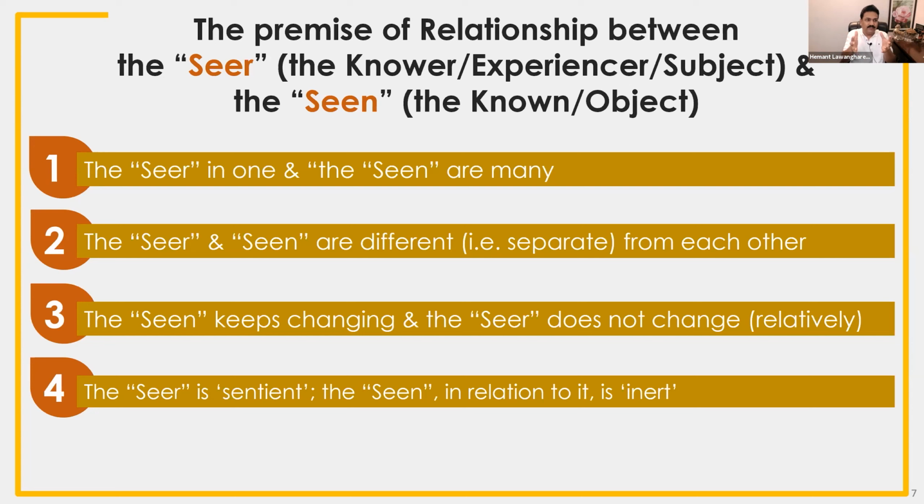For example, if you are dealing with some kind of sentient objects, then in that case the sentiency of a seer is higher than the sentiency of a seen, right? So everything is relative. What I am trying to establish is the upper hand of the seer, the upper hand of the subject, right?